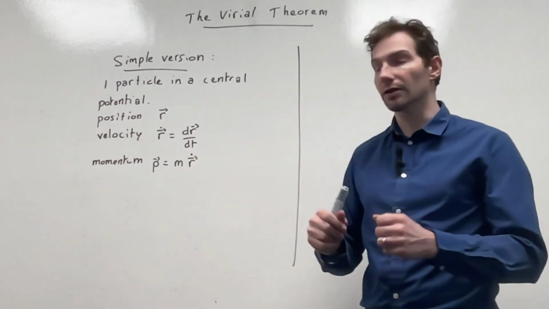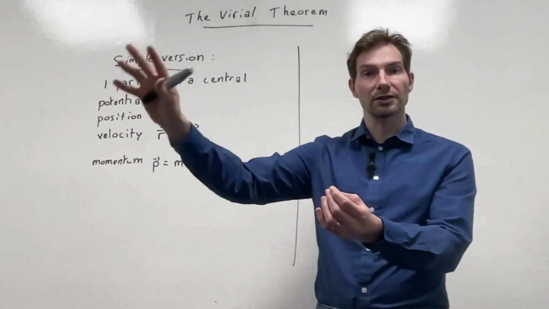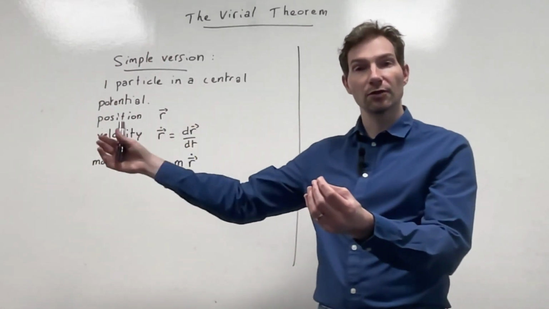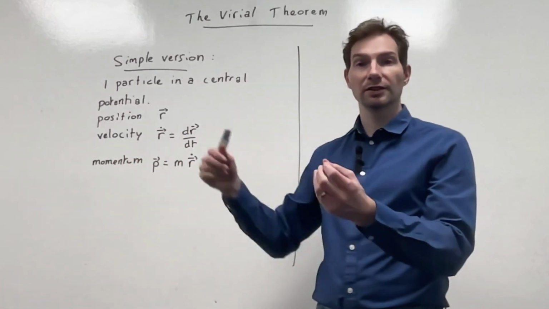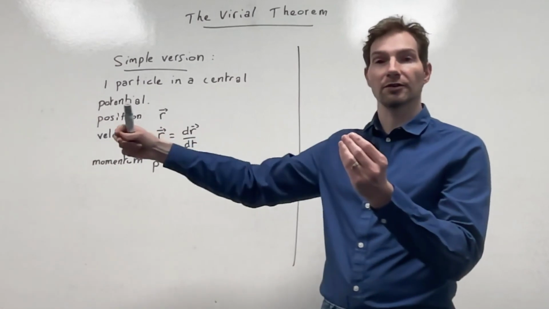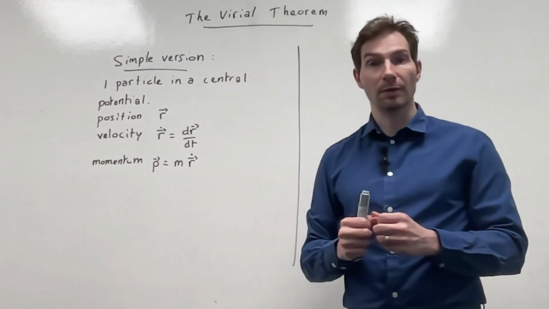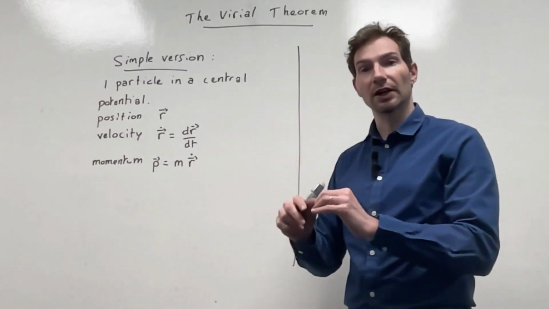So there is some sort of origin, the particle is moving around, and the force exerted on it is directed along a ray that joins the origin to the particle.